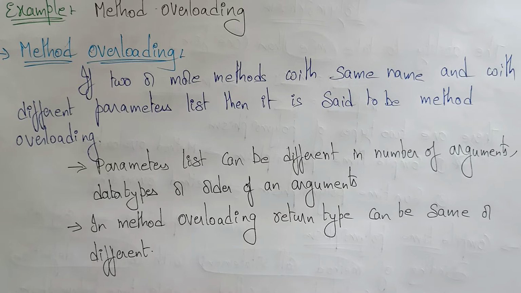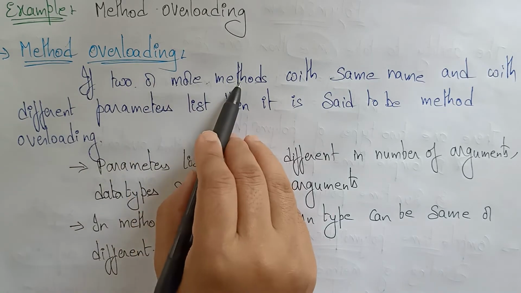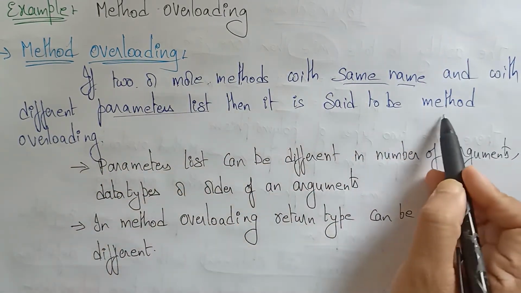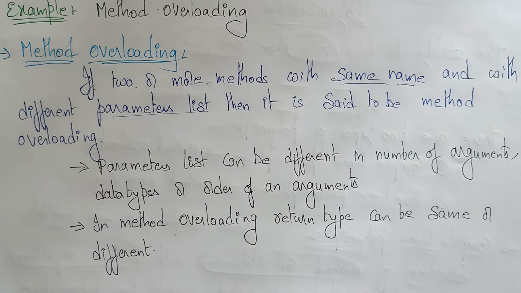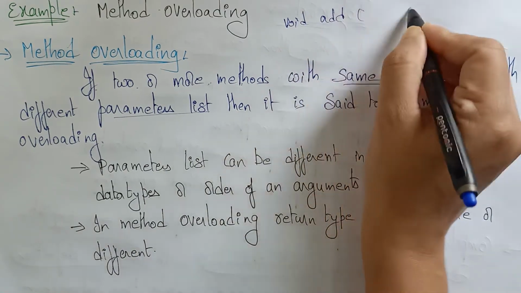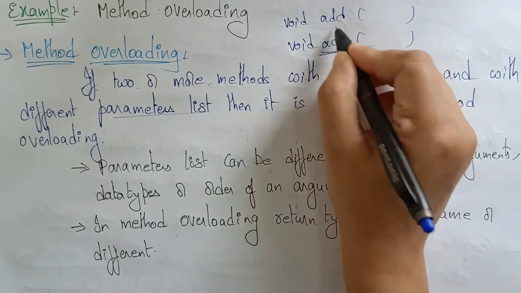Now let's see what this method call and method definition are. In method overloading, if there are two or more methods with the same name and with different parameter lists, then it is said to be method overloading. Two or more methods with the same name. The name is the same. One function is void add and another function is also void add. So this is the same name.